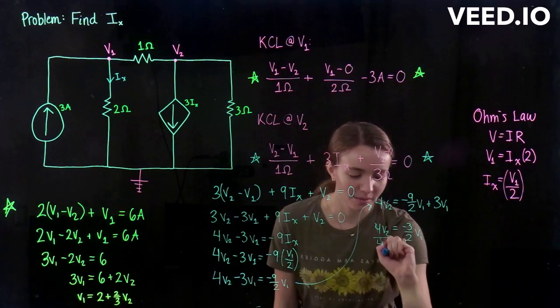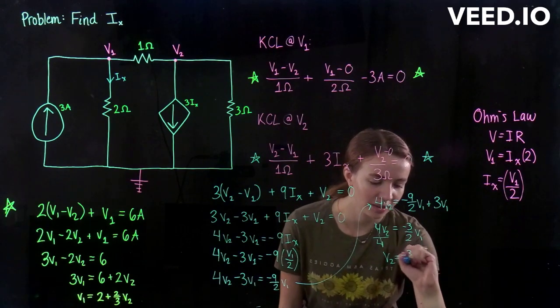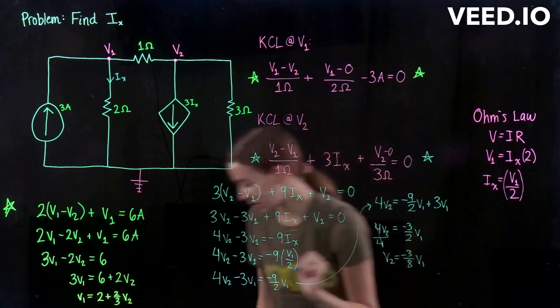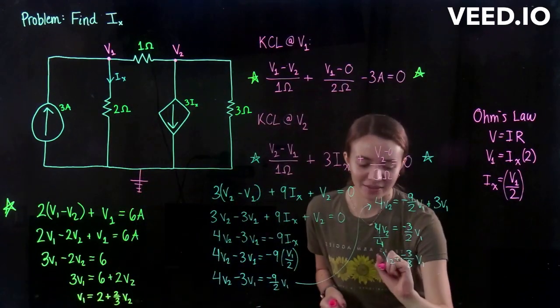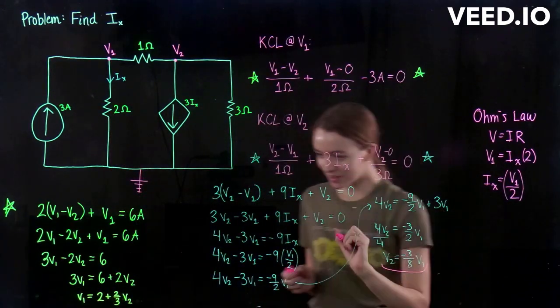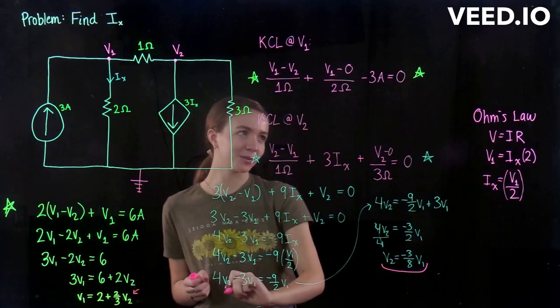Now we're going to divide both sides by 4 so that we can get our V2. So it's going to be negative 3/8 V1. Okay, so now that we have what V2 is equal to, we're going to put it all the way back over here in for V2.